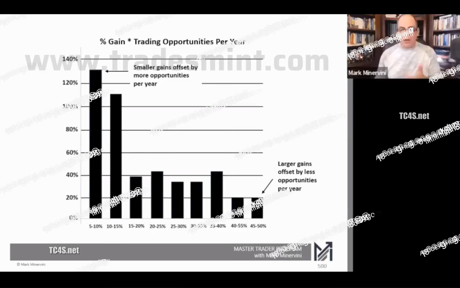So we ran a study. This is from a study from a long time ago that we wanted to look at the opportunity cost and figure out, okay, is it really worth it to short-term trade? And so what we did was we found out how many opportunities you have coming out of these bases, breaking out, coming from cheats and low cheats and so forth, and breakout trades, and how far these stocks went up.